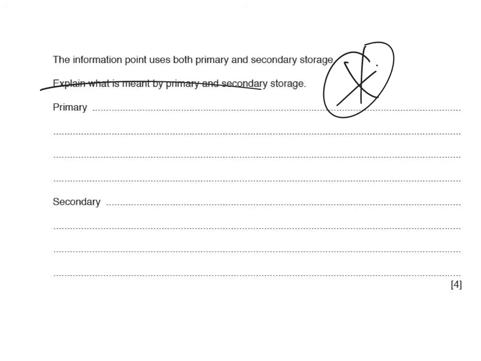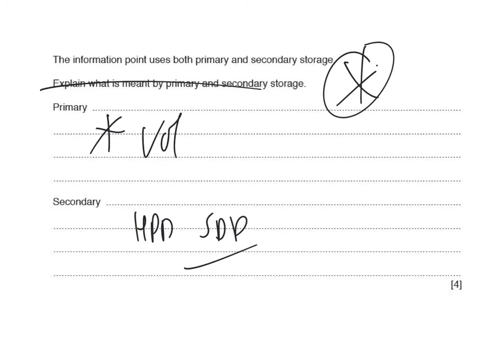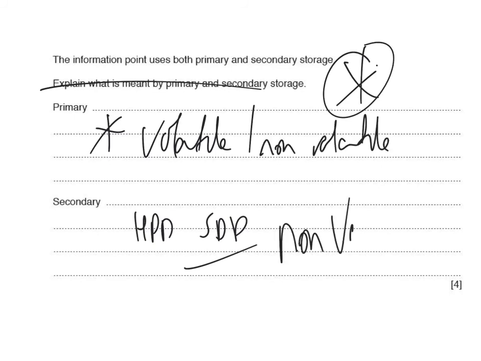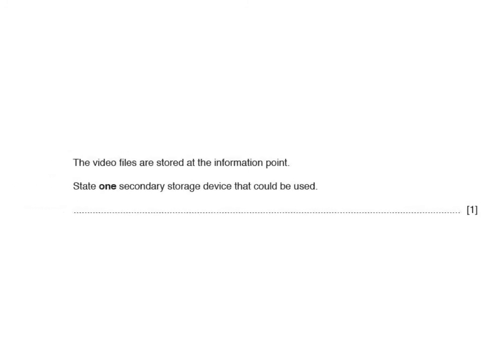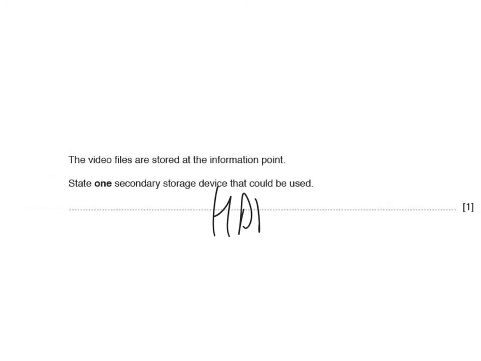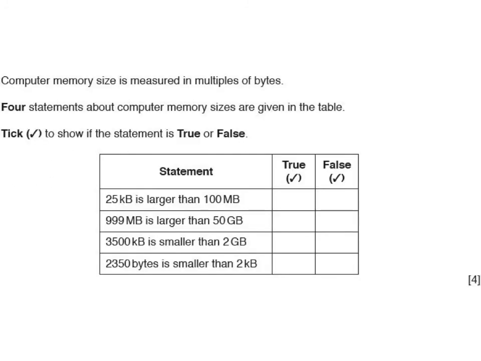Obviously RAM and ROM for this one. HDD, SSD, talk about accessing directly, talk about the fact that primary is volatile and non-volatile, whereas secondary is all non-volatile, otherwise all our programs would be gone when we turn things off. Secondary storage, HDD, we've seen that in lots.